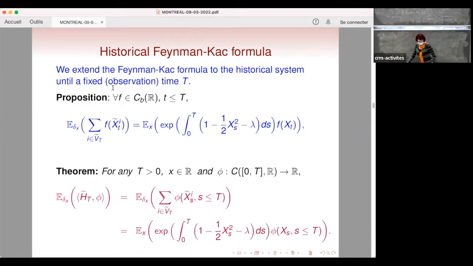So we first have to understand how we can describe this quantity. We know that for an individual I alive at time capital T, there exists a unique ancestor at time small t. We write it J, and I can write J_t, which is an ancestor of I at capital T.